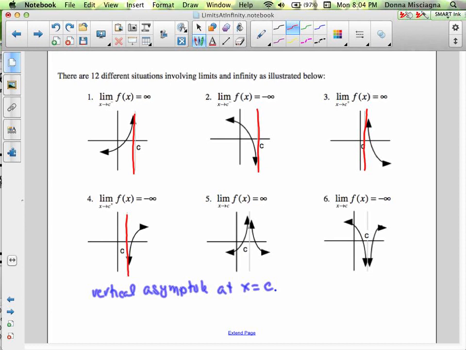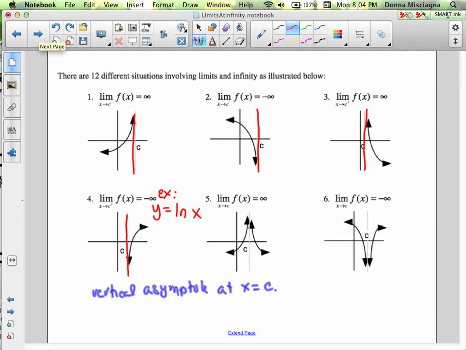And any one of these, 1, 2, 3, and 4, could be represented by a logarithmic function. Number 4 here would be your typical logarithmic function, like, for instance, y equals natural log of x, something simple as that. All right, that would have that shape.